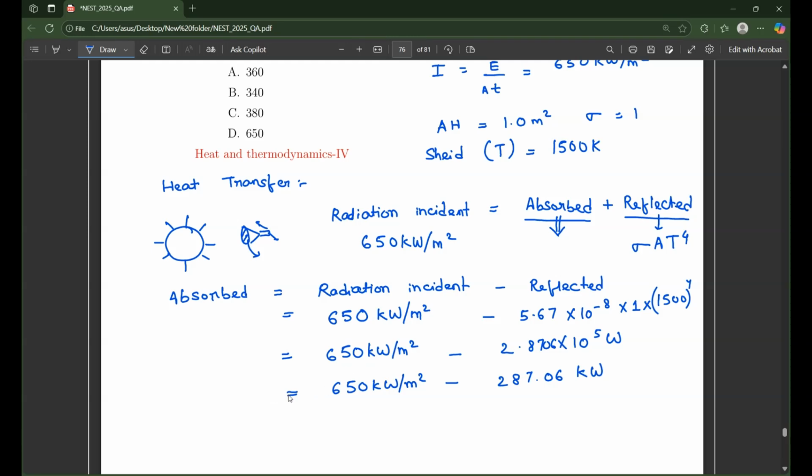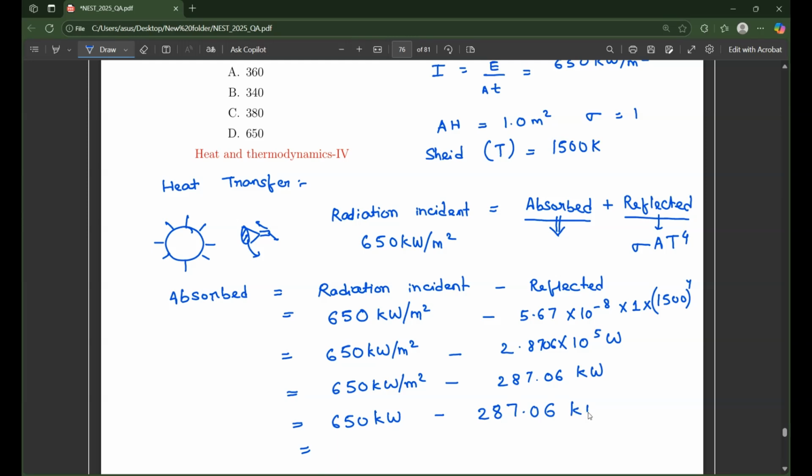First of all, this is in kilowatt per meter square because it is the total amount of energy or heat incident on it per unit area. What is the area of the total heat shield? It is 1. So the total amount of radiation incident is equal to 650 kilowatt, not kilowatt per meter square, minus, on the complete area, the total heat that is reflected. This is the amount of heat reflected.